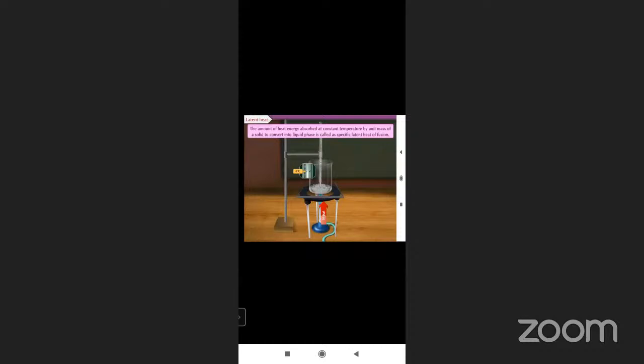Clear? I hope all of you understood the first activity and these three definitions: what is melting point, latent heat of fusion, and specific latent heat of fusion. Now we'll move on to the next point.